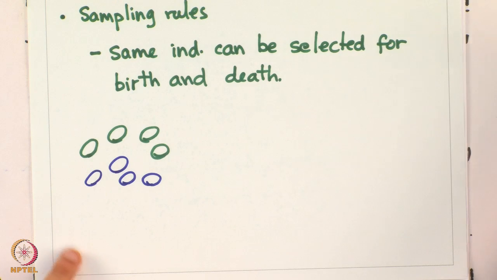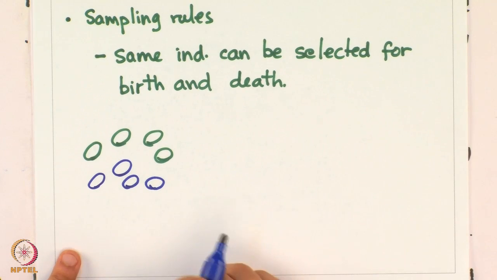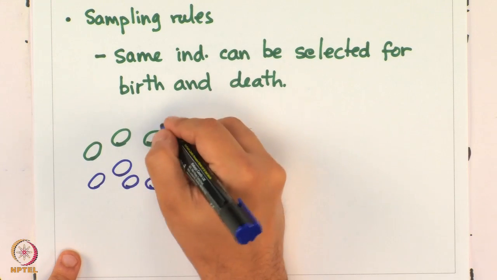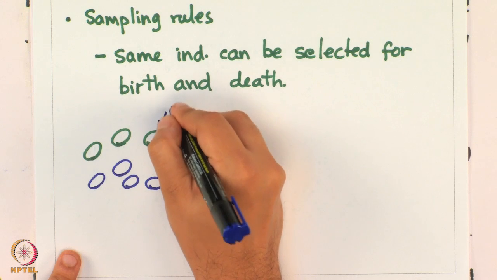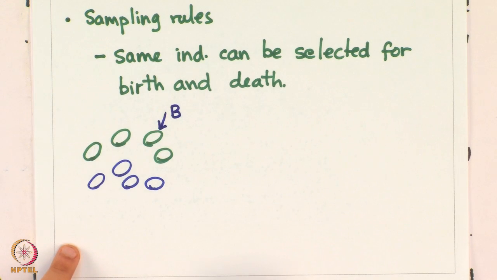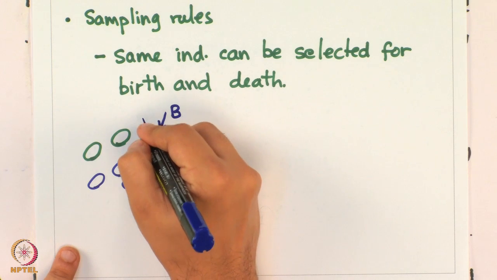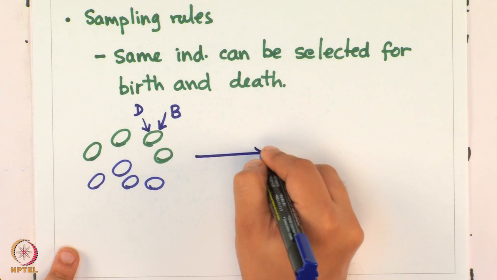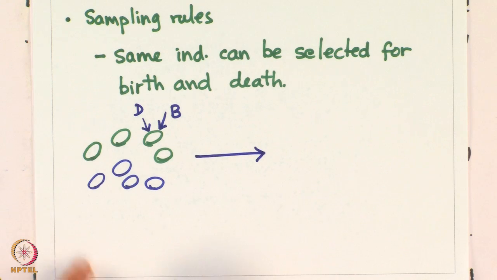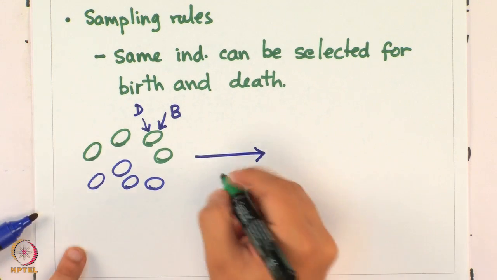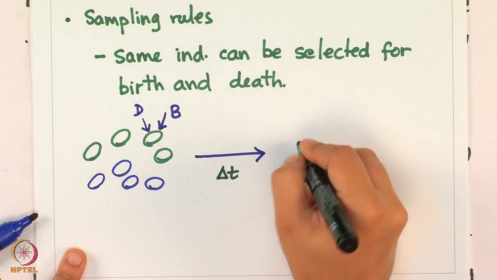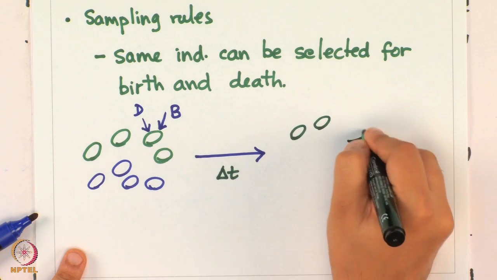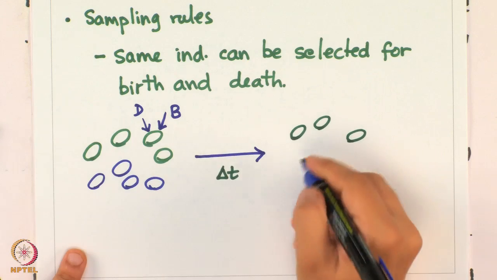When I choose an individual out of this population for birth, let's say this is the individual that gets chosen for birth, and when I am choosing an individual for death from among these individuals in the population, the same individual gets chosen for death. What we are physically representing is the fact that in this time interval delta t, the other 7 cells do not change, they remain the same.